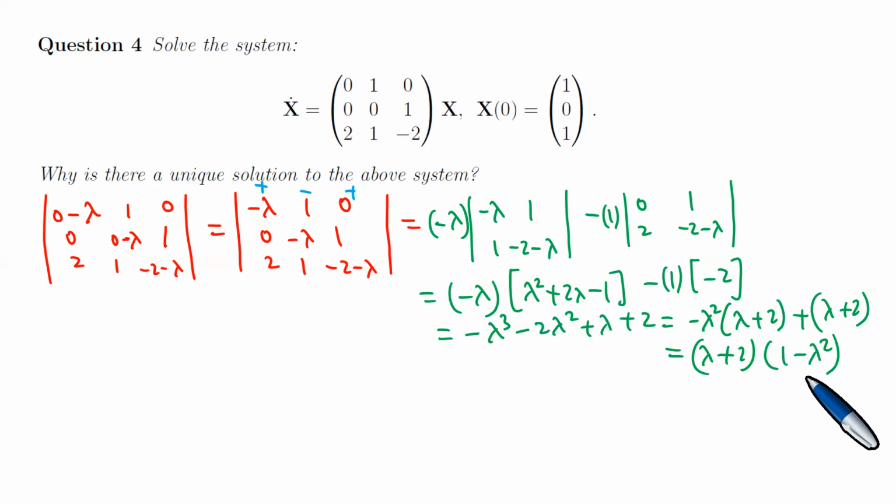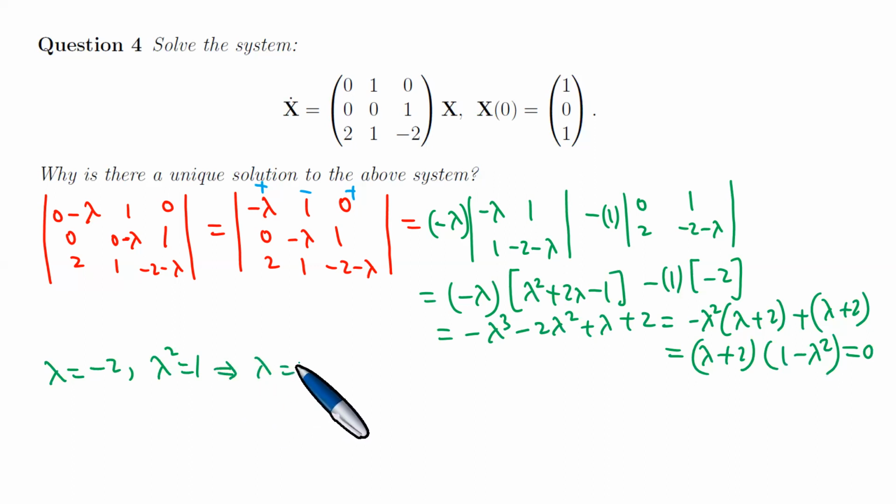Right, so at this point, we obviously need to equate this to 0. And then we have lambda equals -2. Lambda squared equals 1, which means lambda is plus or minus 1.